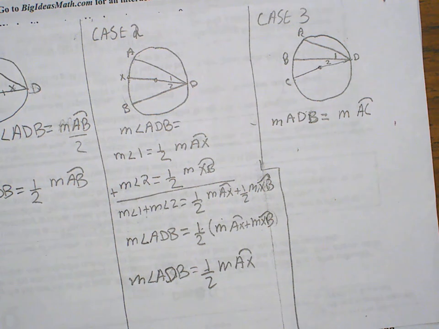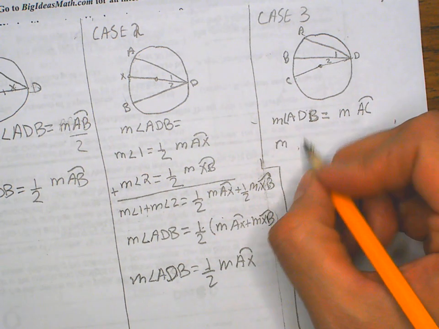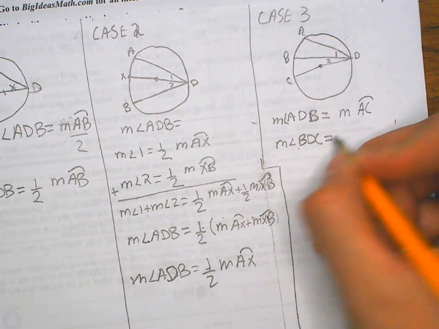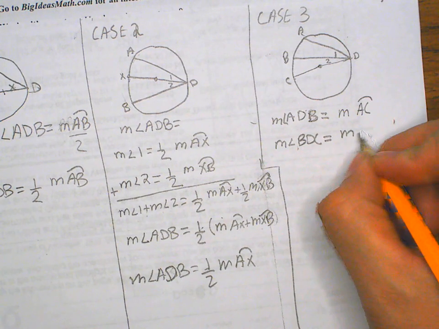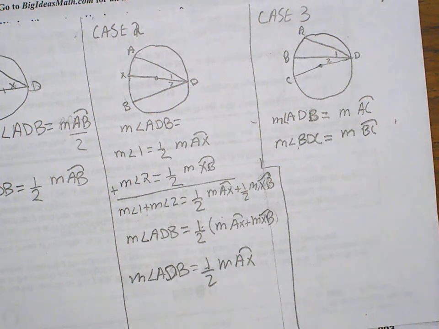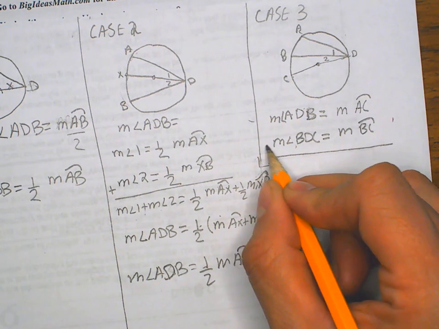Okay, and now we have the following. We have the measure of angle BDC equals 1/2 the measure of arc BC. Okay. Now, here's what we're going to do. This is the part where people are going to be a little confused. Okay.